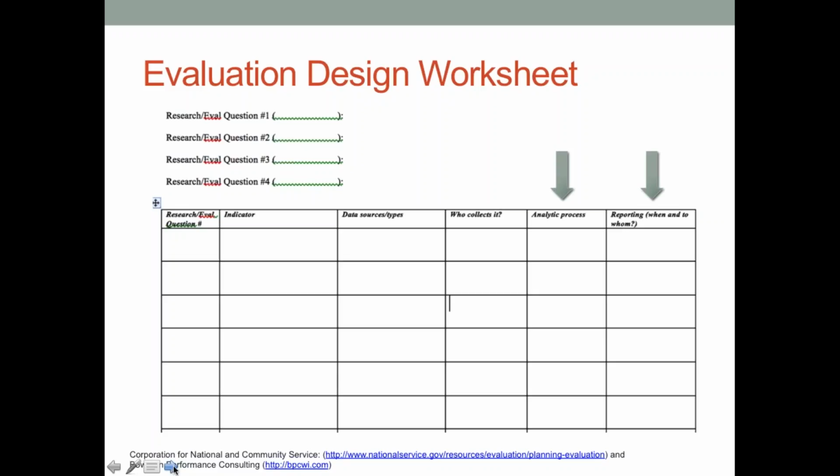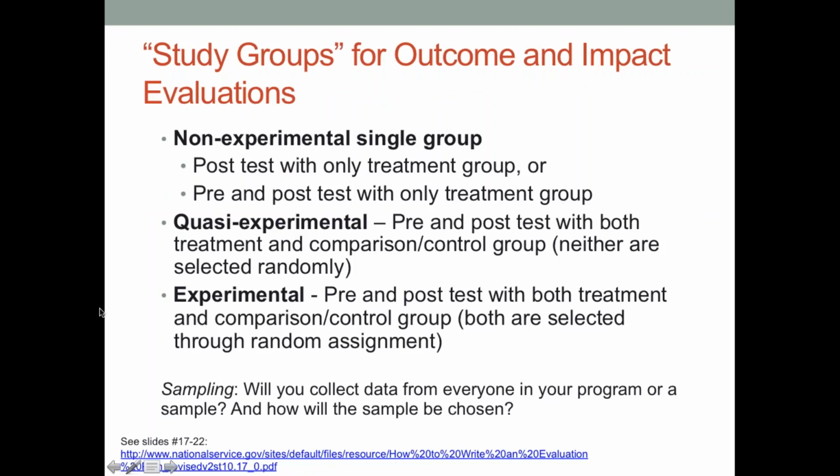We're not going to get too much into this, but when you're doing statistical analysis on quantitative data, you have to think about sampling. Sampling is who or what you are going to collect data from. Are you going to collect it from everybody in your program, or just a sample?